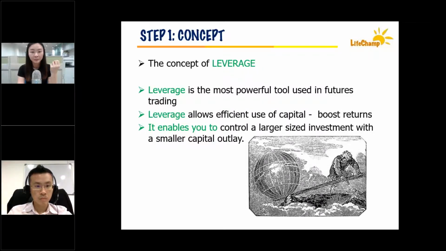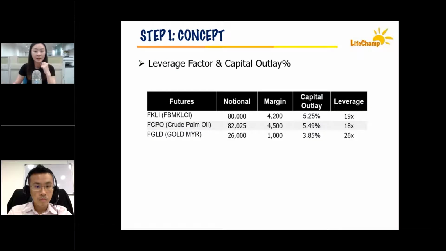Let's look at an example, FCPO. Notional means the full contract value at the price. Let's say CPO is now trading at 3,000 per ton. And we know that one FCPO contract contains 25 metric tons of crude palm oil, right? So you use 3,000 per metric ton times 25.